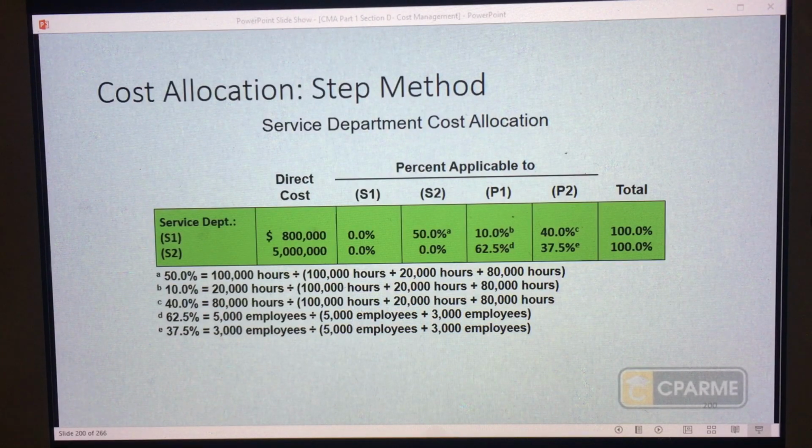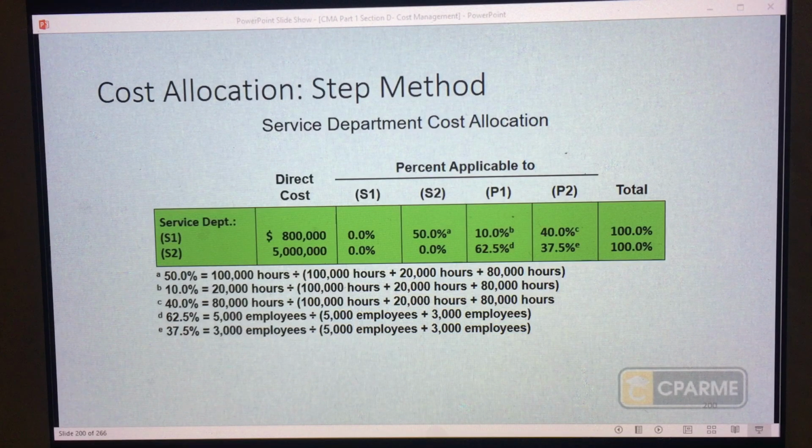And because S2 uses 50% of the services provided to all your departments, they would receive an allocation. So in this case, ito yung ating S2, P1 and P2. Okay. So again, from S1, P1 will receive 10% of the allocation and P2, 40% of the allocation of S1.